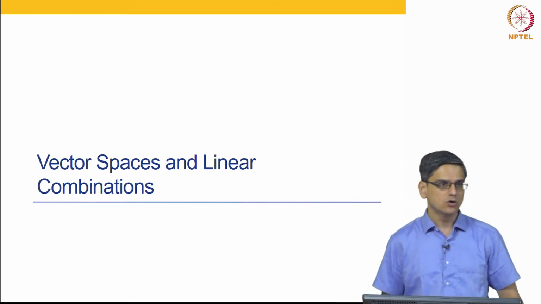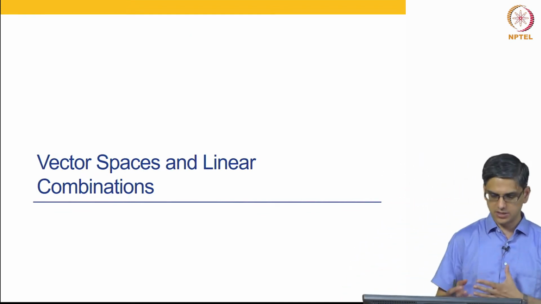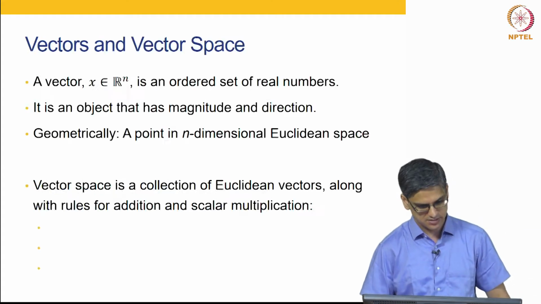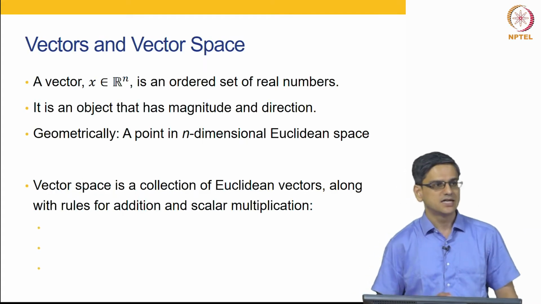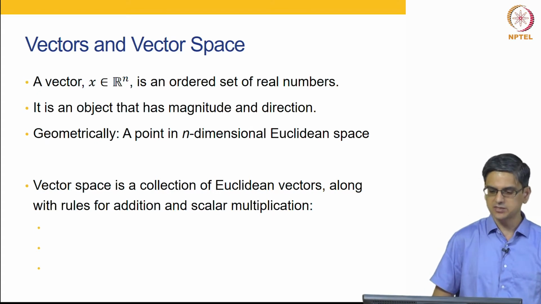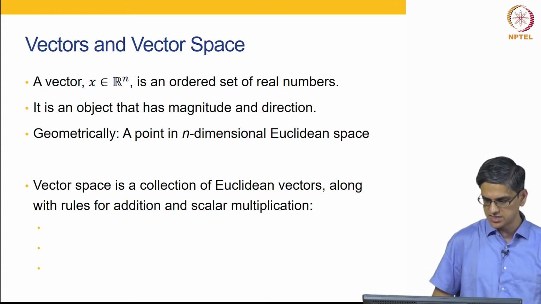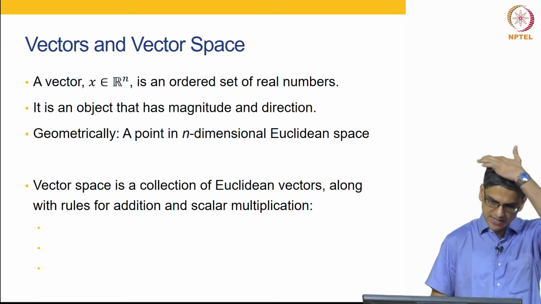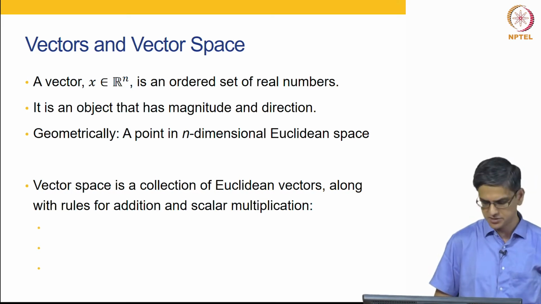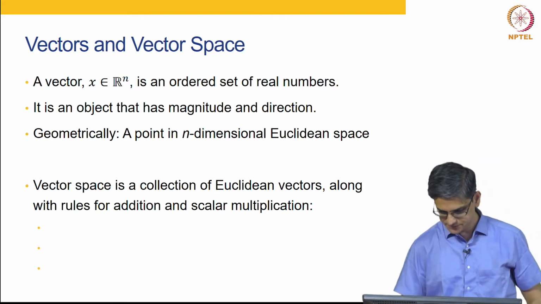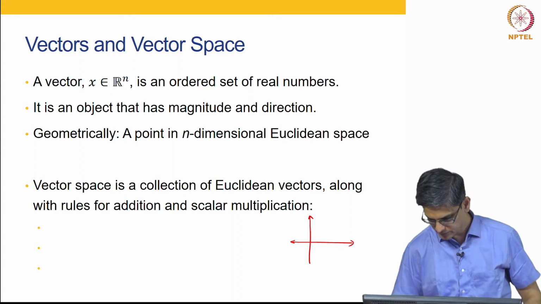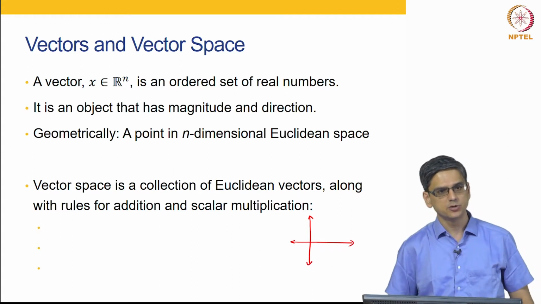Okay. So, with that kind of prelude, let us get into the definition of vectors and vector spaces. As I had said last week, a vector is basically an ordered set of real numbers. A vector is an object that has a magnitude and a direction, and we represent vectors as a point in the Euclidean space.